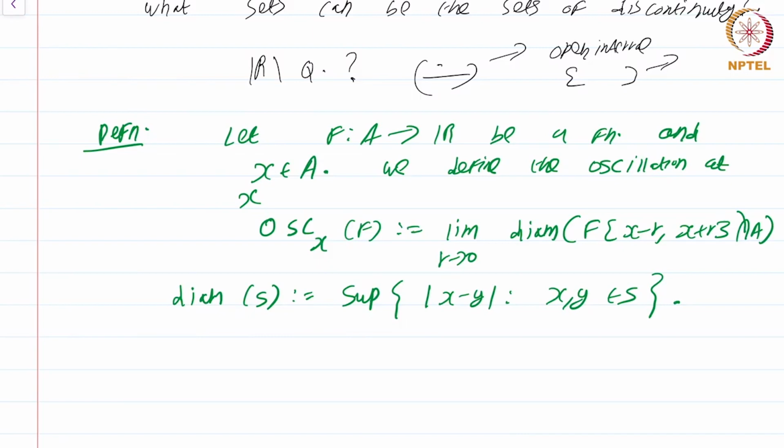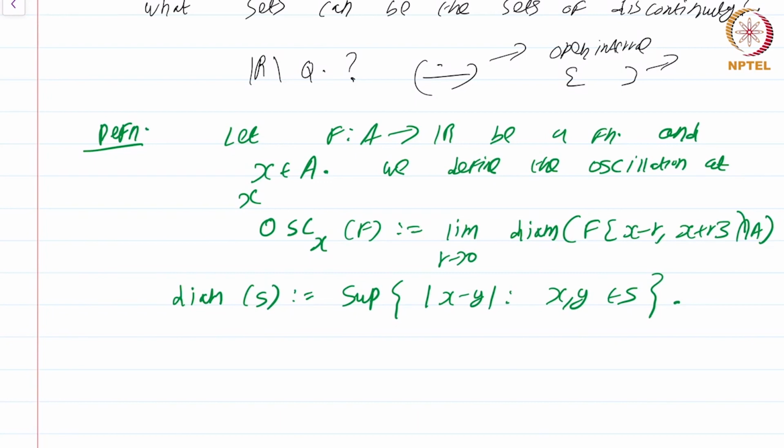Now, what is this oscillation at x measuring? It is measuring how large is the image of f near the point x. If the function is not continuous, then you expect the function to have a non-zero oscillation at the point x, and that's indeed the case.